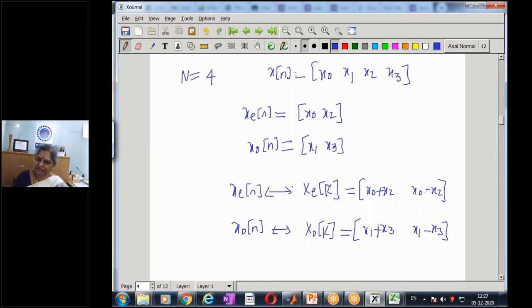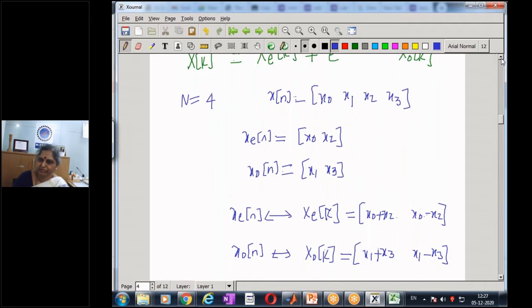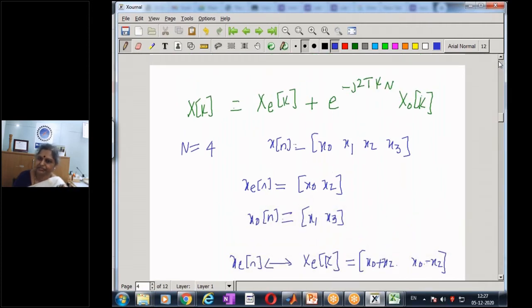So we are given these. So we have computed the 2-point DFT of x1 of k. We have computed the 2-point DFT of x naught of k. And using this expression, we will be able to get the 4-point DFT of the sequence, and let us see how that happens.